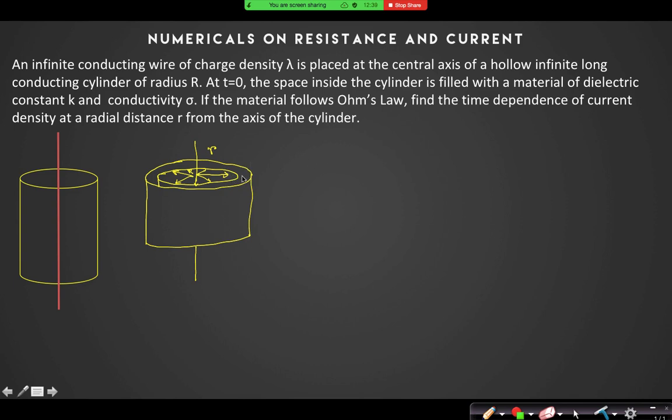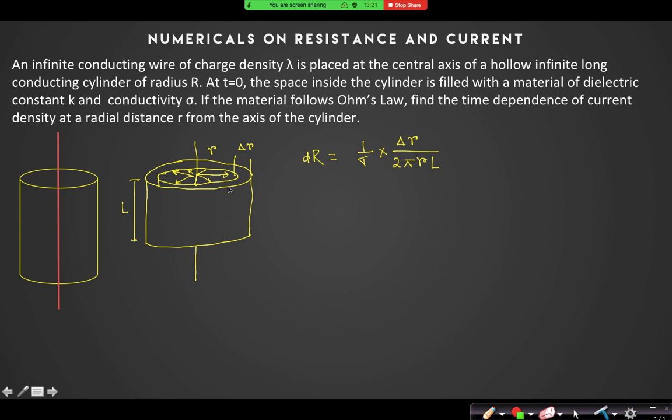If the thickness is dr, let us assume thickness is dr or delta r, then the resistance of that small part, resistance of that shell, I can say it is rho, that is 1 by sigma, into L, meaning delta r, area is 2 pi r into L, if I am talking about a length. So this is the resistance.